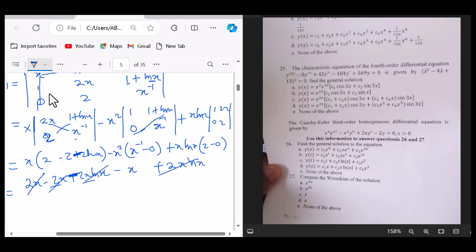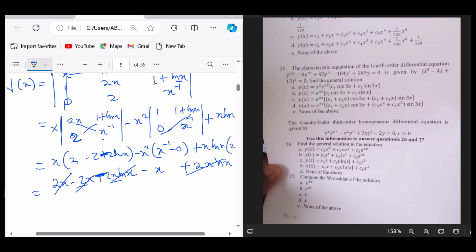This and this will go. Yeah, so x ln. Okay, so here everything goes leaving negative x, but in our options we don't have negative x.